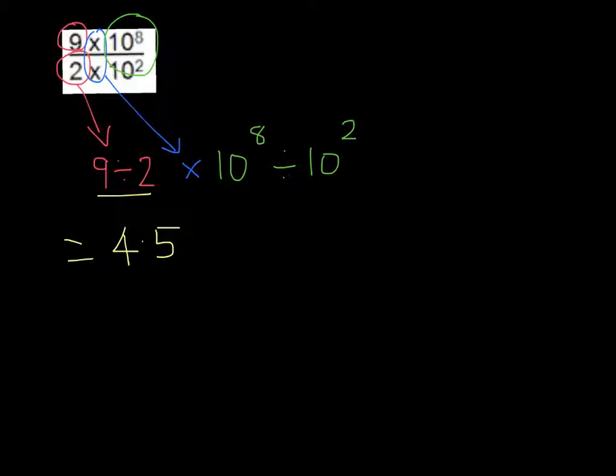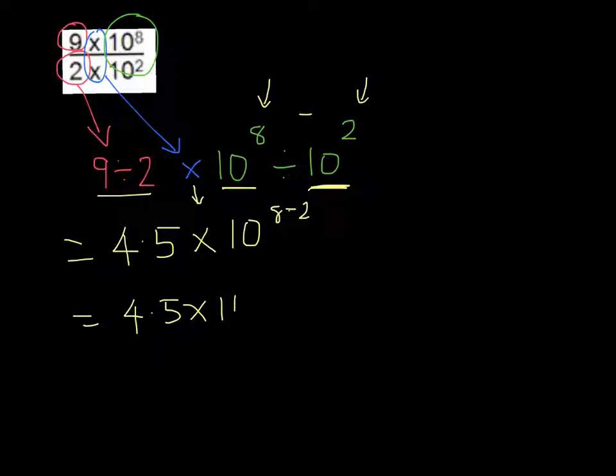The times by stays the same. Now with what we know about indices, same base, when we're dividing, we subtract the powers. So 10 to the power of 8 divided by 10 to the power of 2 becomes 10 to the power of 8 take away 2, which means it's going to be equal to 4.5 times by 10 to the power of 6.